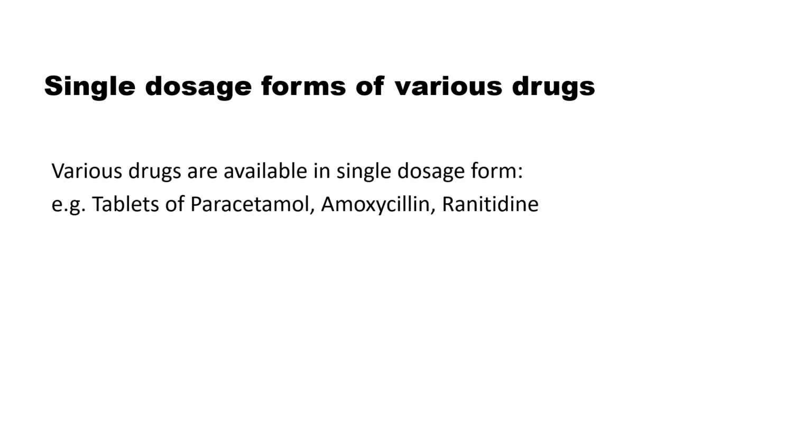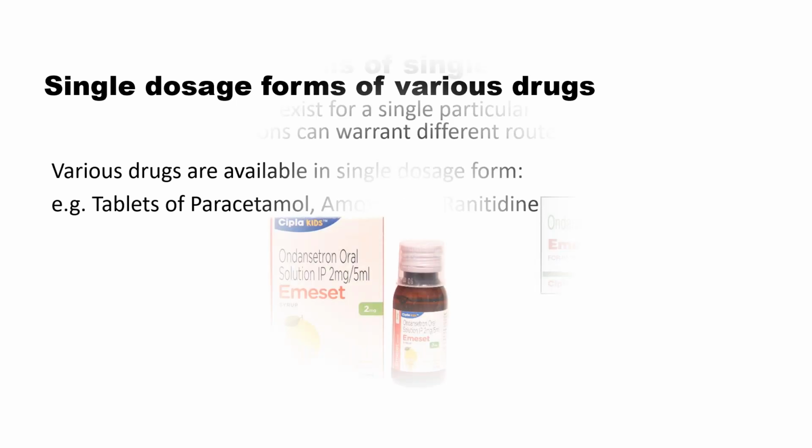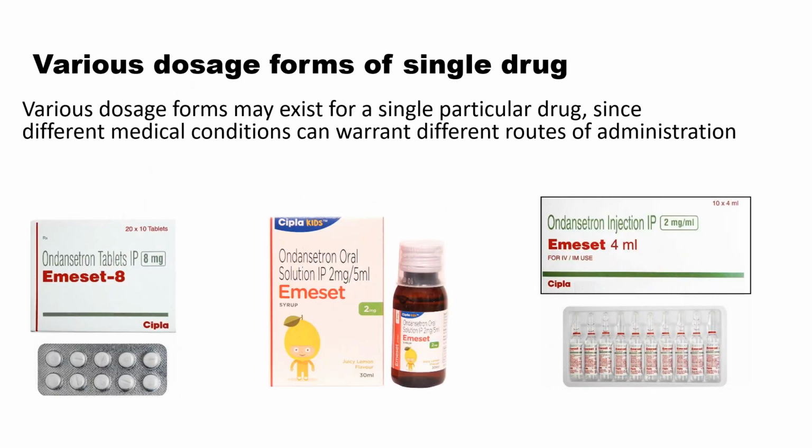As such, single dosage forms of various drugs can exist, for example tablets of paracetamol, amoxicillin, ranitidine. Various dosage forms of a single drug can also exist. Here I am quoting the example of ondansetron, the drug used for nausea and vomiting.